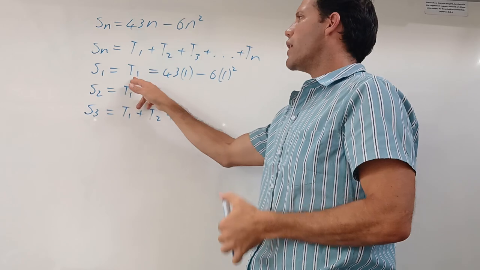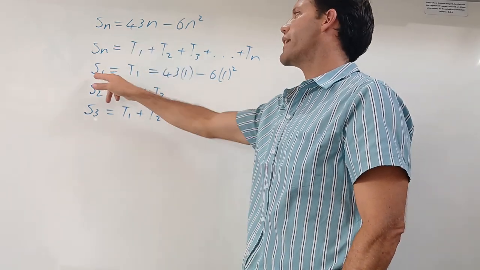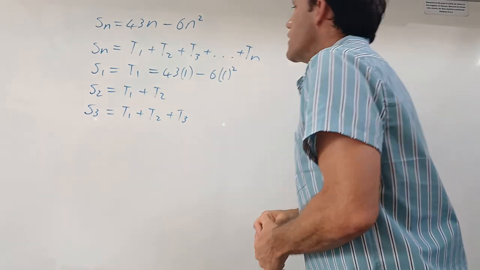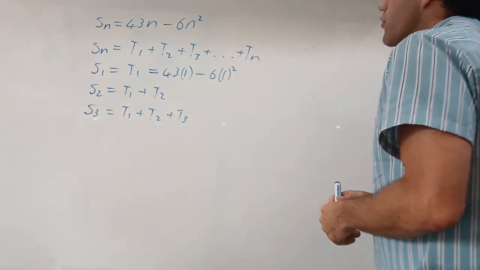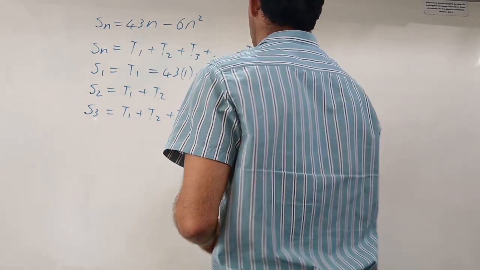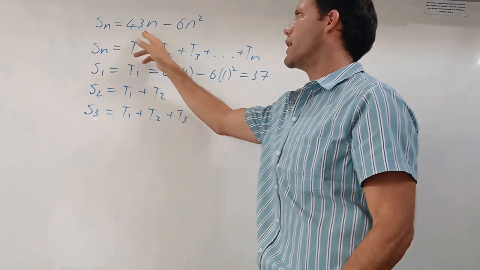So to find term 1, if I have Sn, I just put 1 in the place of n. Okay, so that gives you 43 minus 6, which is 37. So there's term 1. Term 1 is 37. I just put 1 in.